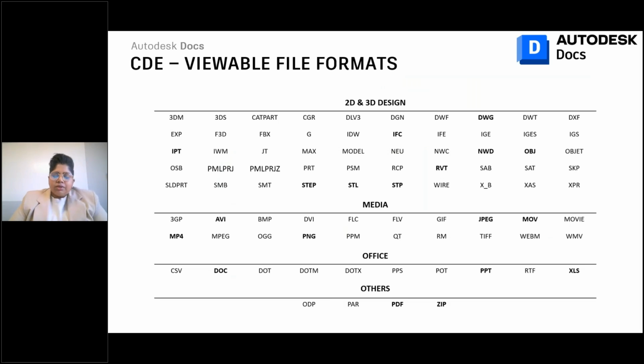Just to quickly touch on some of the formats that are viewable as well as uploadable to the platform. In terms of authoring tools, the main ones would be AutoCAD files, IFC files, Navisworks, Revit, OBJ files, STEP files, IPT files, as well as a bunch of other ones. Media will be various types of imaging files as well as video files.